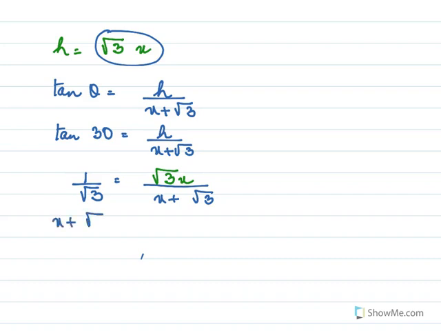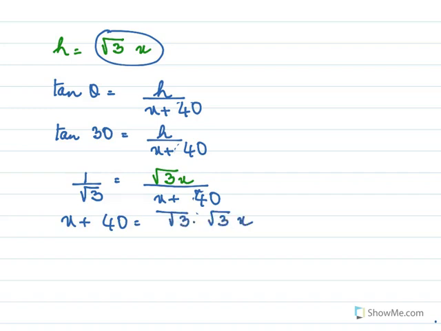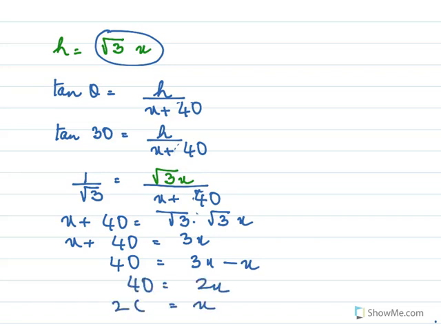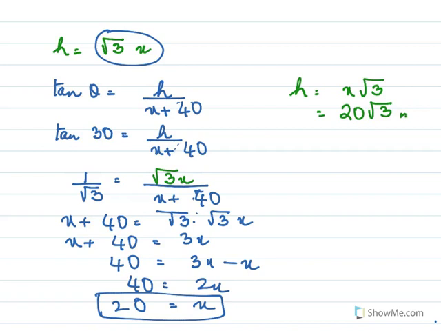So X plus 40 equals root 3 into root 3x. X plus 40 equals 3x. So 40 equals 3x minus x. So 40 equals 2x, x equals 20. Now we know the height of the tower is x root 3. We found x as 20. So 20 root 3 is the height of the tower.